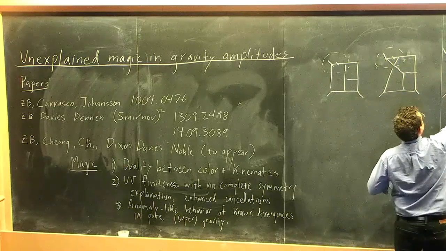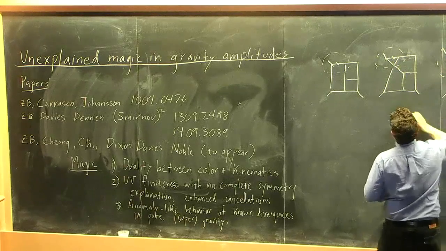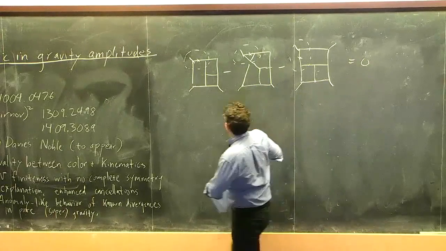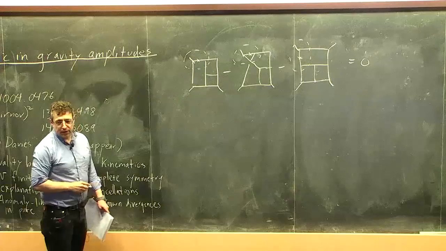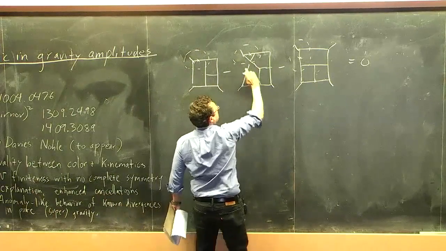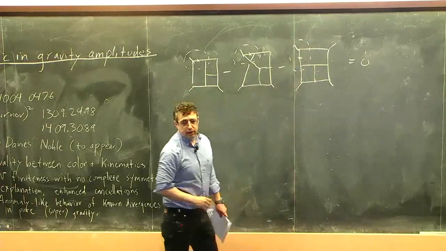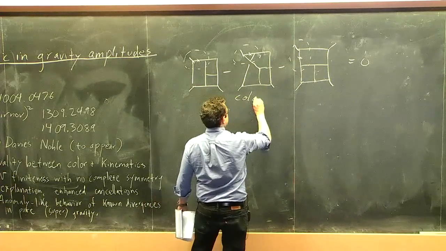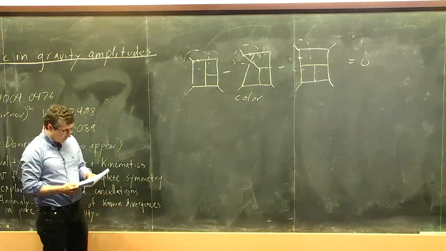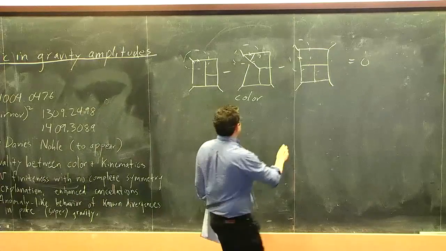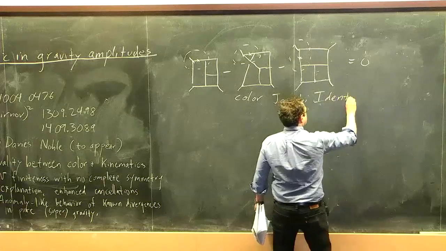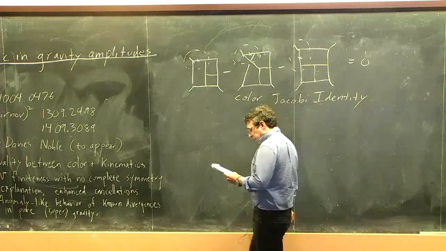Like so. And then maybe let me put in a minus sign, and let me write equals 0. And this is a formula for color. So if you look inside the circle here, you'll recognize just the color Jacobi identity. So if these were just pictures for color factors, then you'd say, oh, this is just a trivial formula. It's just the Jacobi identity. And in fact, it is trivial.